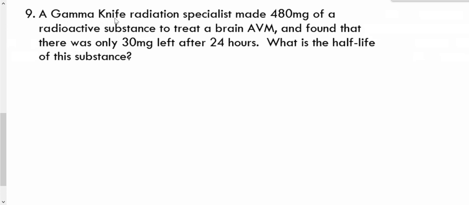And so a gamma knife radiation specialist, his doctor, gave him 480 milligrams of a radioactive substance to treat his AVM. So he was injected with that in his brain through surgery. And after 24 hours, 30 milligrams was left in his brain. So my question to you is, what is the actual half-life of this radioactive substance?